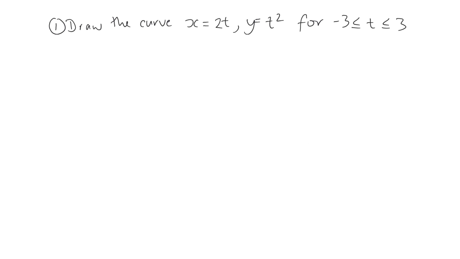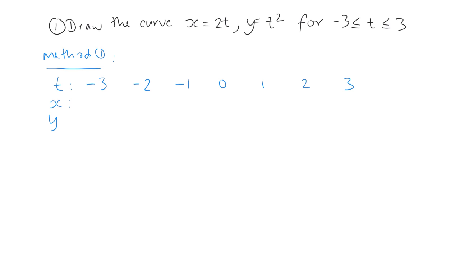Okay, so our first example then, draw the curve x equals 2t and y equals t squared for t between minus 3 and 3. So our first method then for doing this is to say, okay, well, our t values are between minus 3 and plus 3.